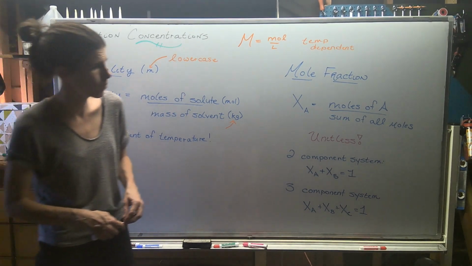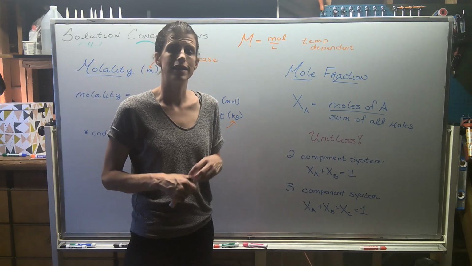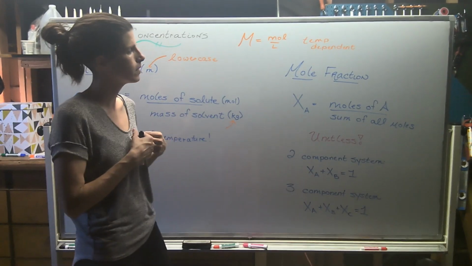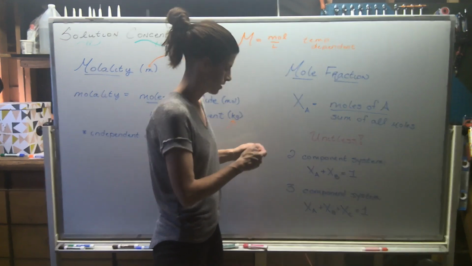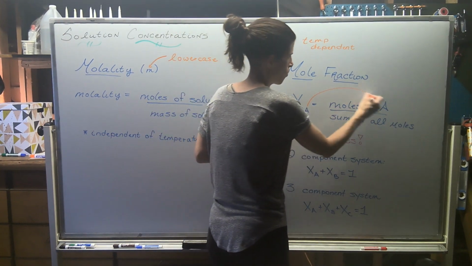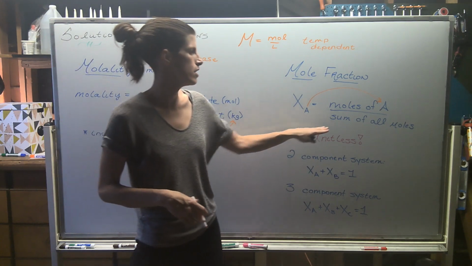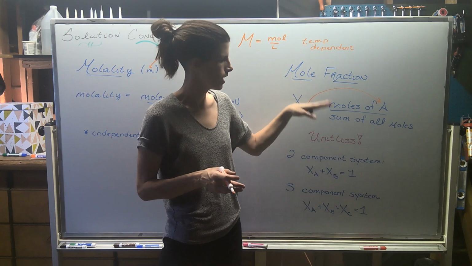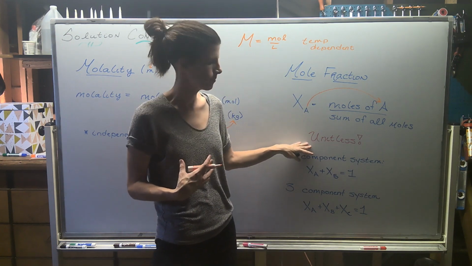The other new one that we're going to see a little bit here, but primarily in the gas laws section that we're going to hit upon really quickly, is mole fraction. So the subscript tells you what moles need to go in the numerator. And then in the denominator, you just add up all the moles. Moles should cancel with moles, so you're looking at a unitless quantity at the end of the day.